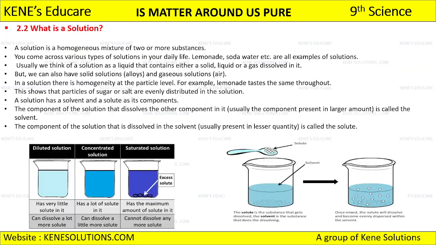After this activity 2.2, we discussed what exactly a solution is, right? So I just want each one of you to go through the slide, because the slide is very important, where you have some of the properties of solutions given. Along with the properties, we have information on the types of solutions, that is, diluted solution, concentrated solution, and saturated solution. So I just want each one of you to please go through it once.